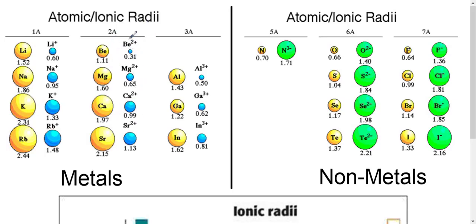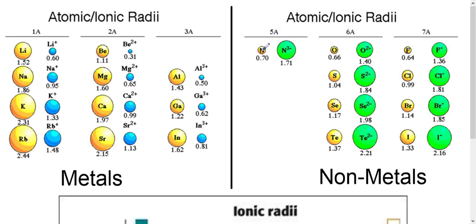These are forming 2 positive ions, so they're losing 2 electrons. Notice how much the size decreases between the two. You're losing 2 electrons and you still have the same number of protons, so the size is going to get a lot smaller. And then aluminum, gallium, and indium are becoming 3 positive ions, and so they're getting smaller.